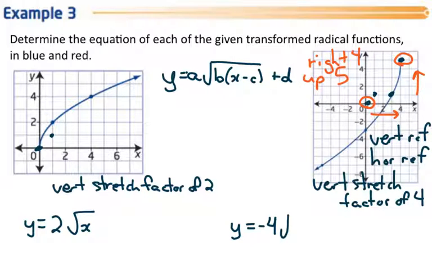We have a horizontal reflection, so that would give us a negative. X minus C, that's our horizontal shift. We're shifting to the right 4. So x minus 4. And D, our vertical shift, up 5, plus 5.